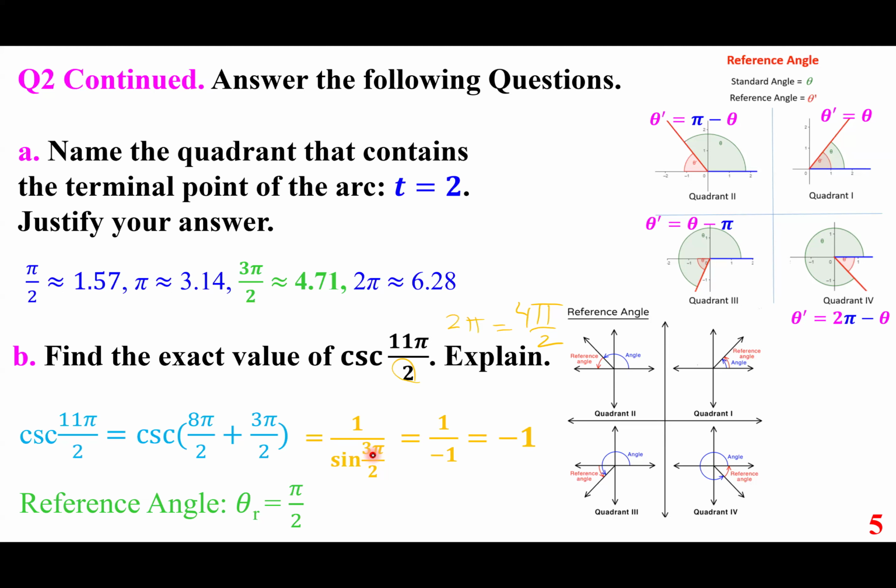So we have the reference arc, and then there are common arcs that you should be comfortable with in trigonometric functions. I am going to write some of them, of course.